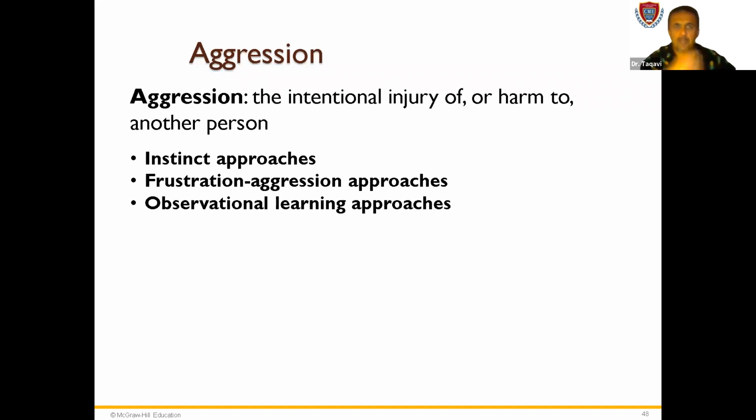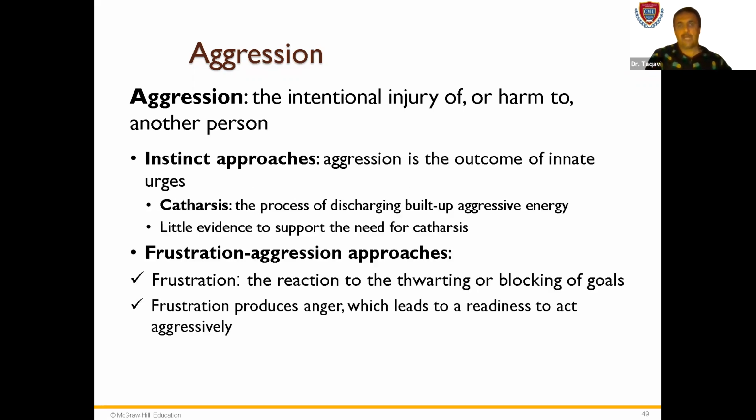And the other part is about aggression, the intentional injury of or harm to another person. The goal of aggression is harming other people. It also covers anger, instinct approaches, frustration-aggression approaches, and observational learning approaches to anger. In instinct approaches, we say aggression is the outcome of innate urges.